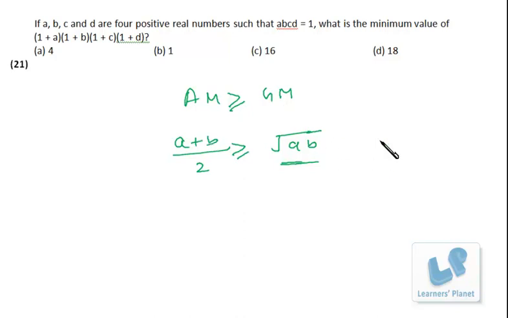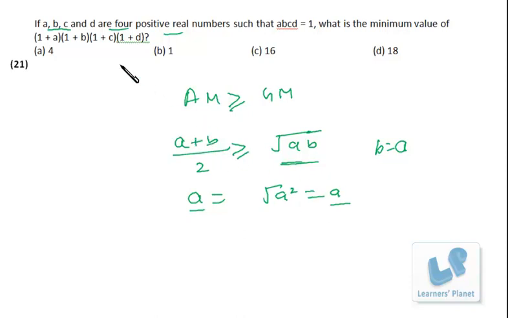See, instead of B, if I write A, then (A plus A) by 2 is A, and the square root of A square is A. Okay, we will take only the positive value because we are given the four of them as positive real numbers. Okay, so equality will be achieved when both the values are equal.